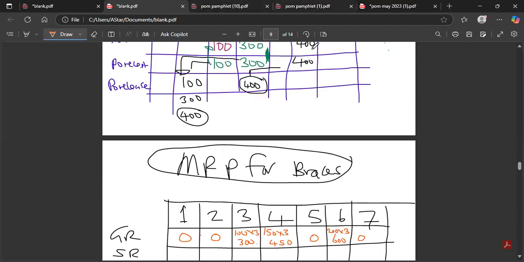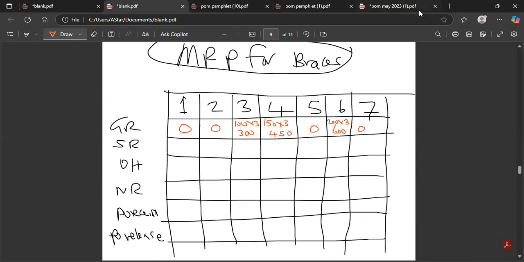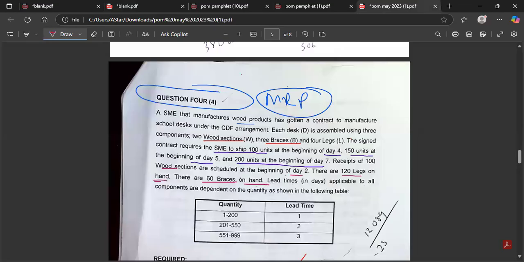Let's check anything to do with the scheduled receipts for braces. Do we have any scheduled receipts for braces? For the braces, what are we having? Okay, there are 120 legs on hand. So those are legs, so they'll go to legs. The hood, they had gone to hood's 100. There are 60 braces on hand.